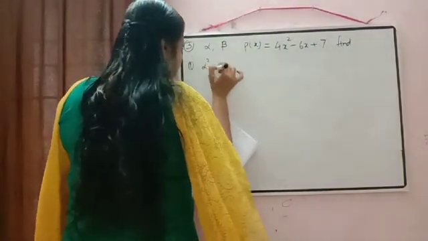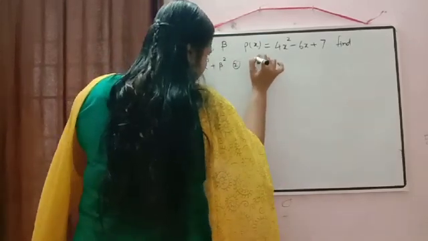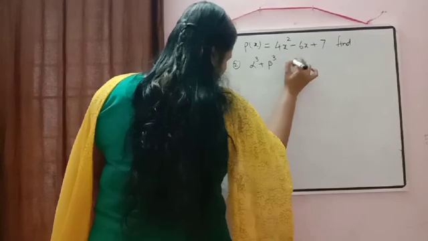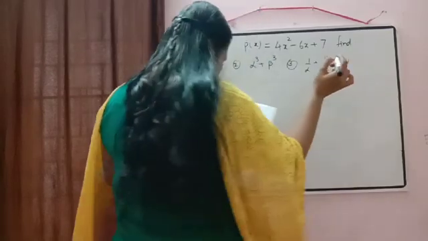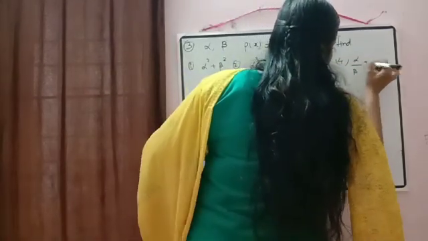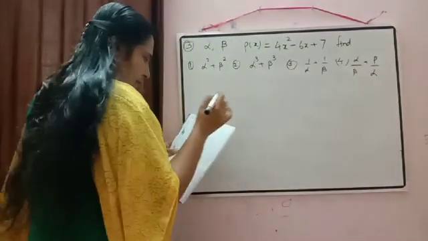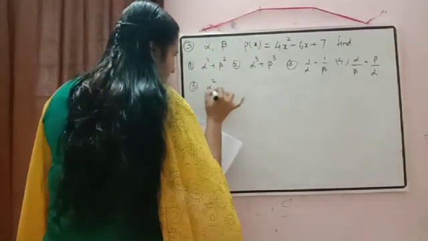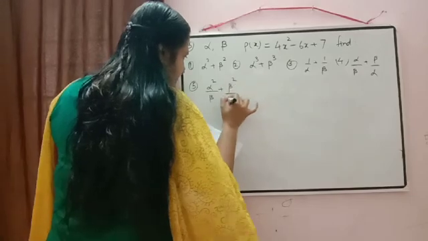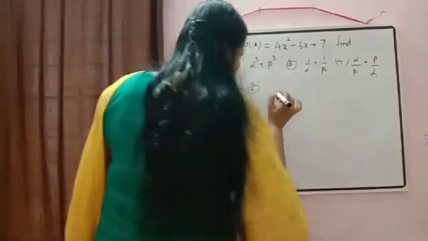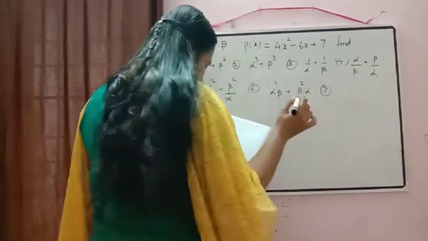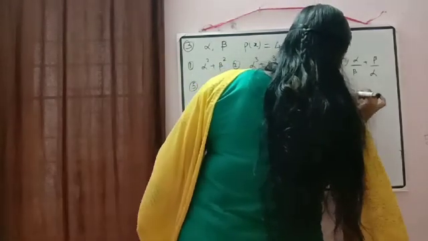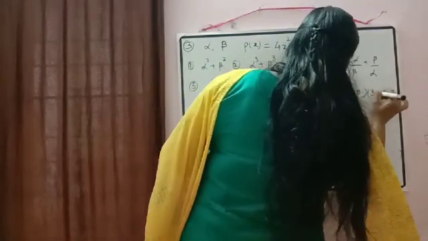First one, alpha square plus beta square; second one, alpha cube plus beta cube; third, 1 by alpha plus 1 by beta; fourth one, alpha by beta plus beta by alpha; then fifth one, alpha square by beta plus beta square by alpha; then sixth one is alpha square beta plus beta square alpha; and seventh one is 2 alpha plus 3 beta into 3 alpha plus 2 beta. These all we have to calculate.